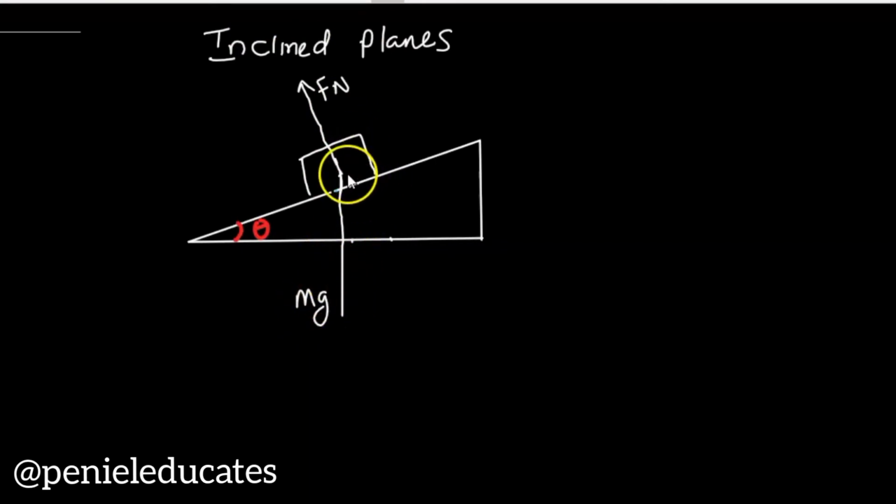Now let's extend this particular line down like this, so we can make it a complete triangle. Before we bring this triangle out, this particular angle here is also theta. What do I mean? Let's say that you have a 30-degree angle here.